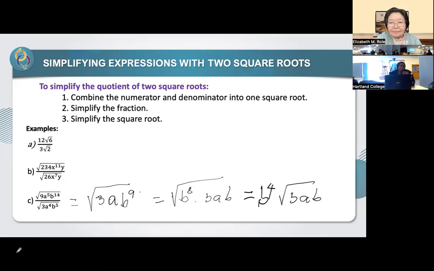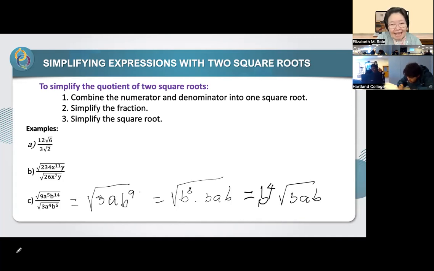How did you simplify the B to the 9? B to the 14th divided by B to the 5th is B to the 14 minus 5. You subtract, yeah? A to the 5th divided by A to the 4th is A to the 5 minus 4.